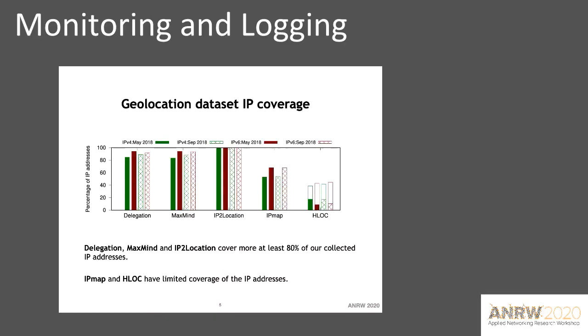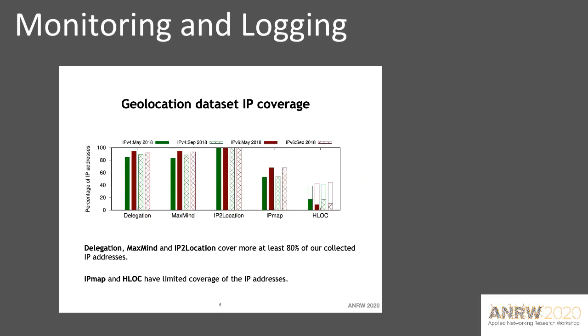The geolocation datasets, Delegation, MaxMind, and IP2Location appear to have a high coverage, as these map more than 80% of our IP addresses to a country. IPMap covers more IPs than HLOC, which is probably due to HLOC's dependence on the existence of DNS names and geohints in the DNS names for mapping the IP addresses.